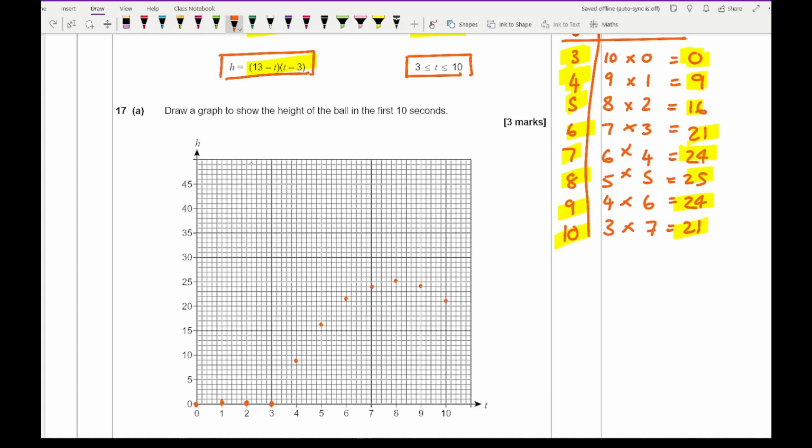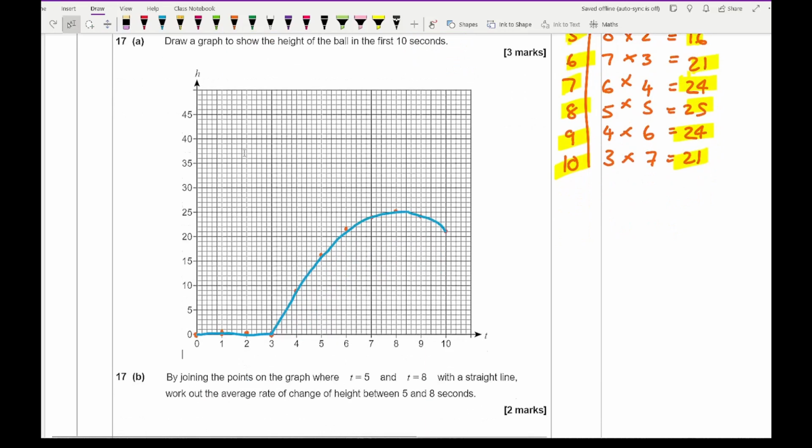Then all I need to do is, as accurately as I can, join those points up like you're doing a dot to dot, making sure that you're also joining the ones from 0 to 3. So you should end up with something that looks like this.